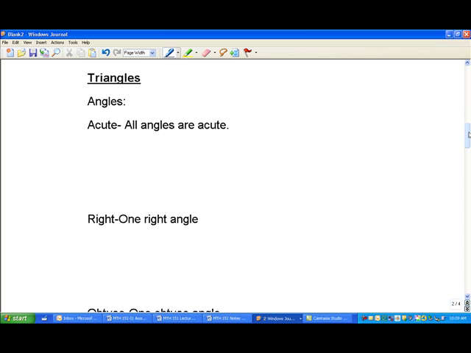It has 3 sides, and there are 2 ways to classify a triangle. First of all is by angles, and we can have what is called an acute triangle. That is a triangle in which all of the angles are acute, which means they all measure less than 90 degrees.